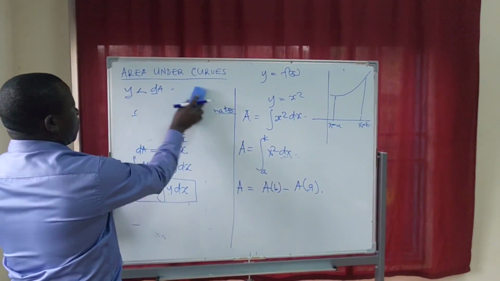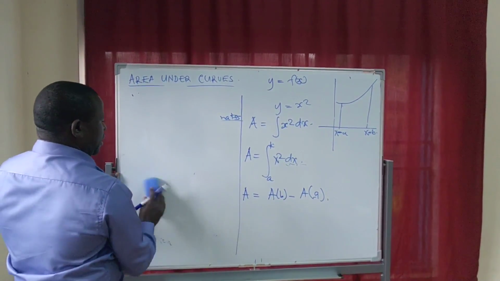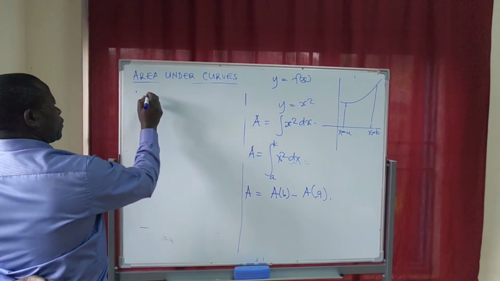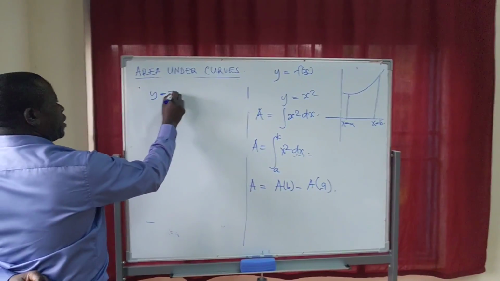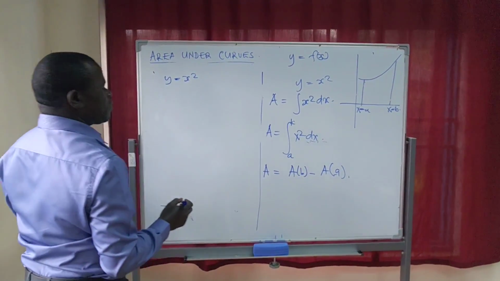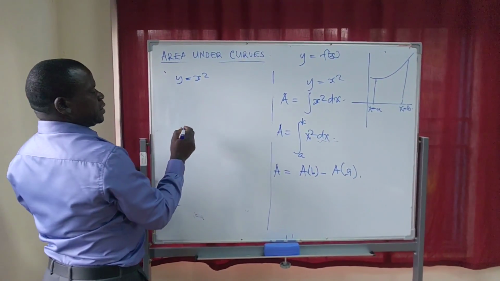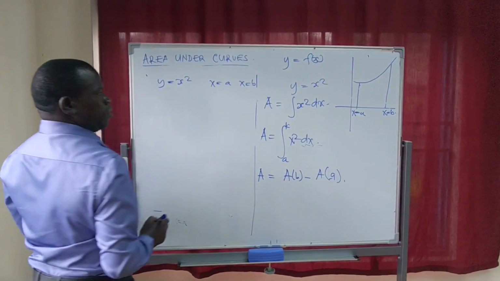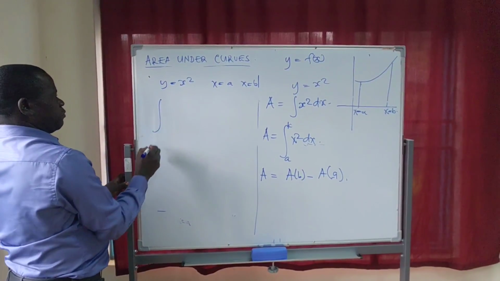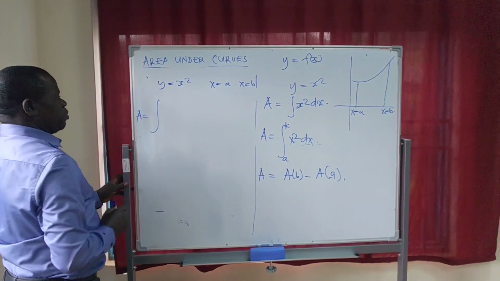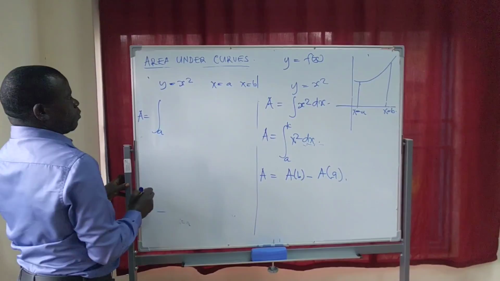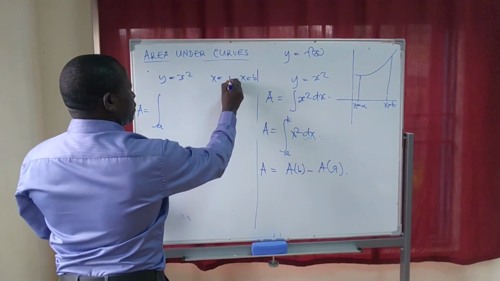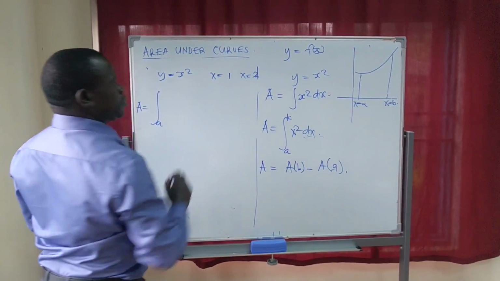If I'm supposed to find the area between the curve y equal to x squared, and of course the limit is from x equal to A and x equal to B, so my integral, the area I want, will be the integral from A to B. For example, maybe A is 1, and B is 2.